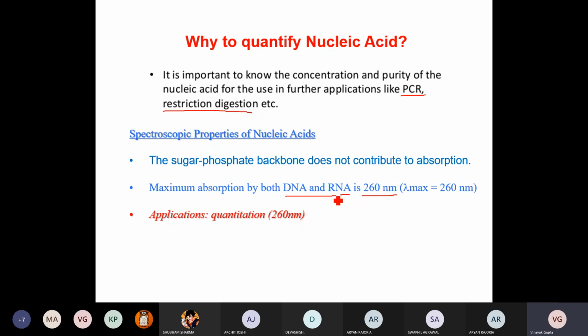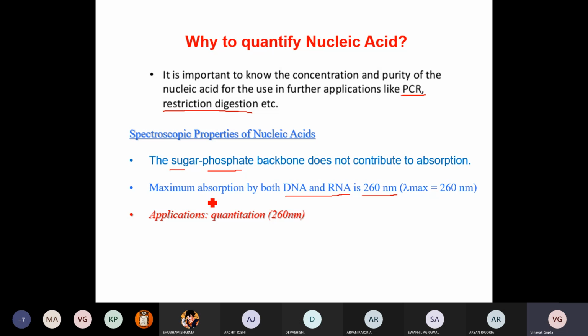What are the different molecules which make up DNA or RNA? Can you name them? We have seen the structure of DNA, right? Sir, phosphates and adenine, guanine, cytosine, thymine. Yes. So we have three things there: one is sugar, second is phosphate, and third is the base, A, G, T, C: adenine, guanine, cytosine, or thymine.